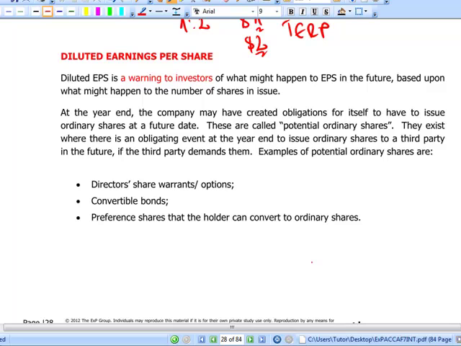There are convertible bonds in issue, meaning this debt instrument, okay, at the end of its life will give the right to the holder to actually ask for the money back or be issued some shares. Or there may be some preferred shares that the holder also can convert into ordinary shares.